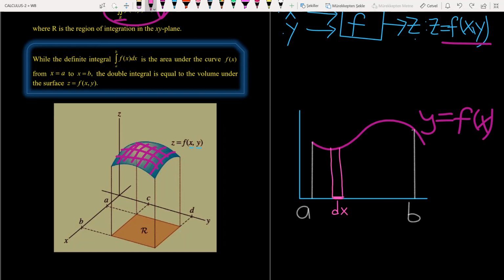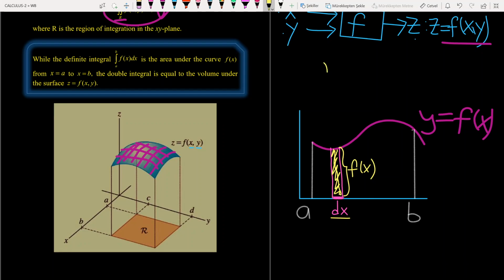We computed the area of this rectangle. What about the height of this rectangle? This is f of x, right? So if you multiply f of x by dx, you will get the area of this rectangle.